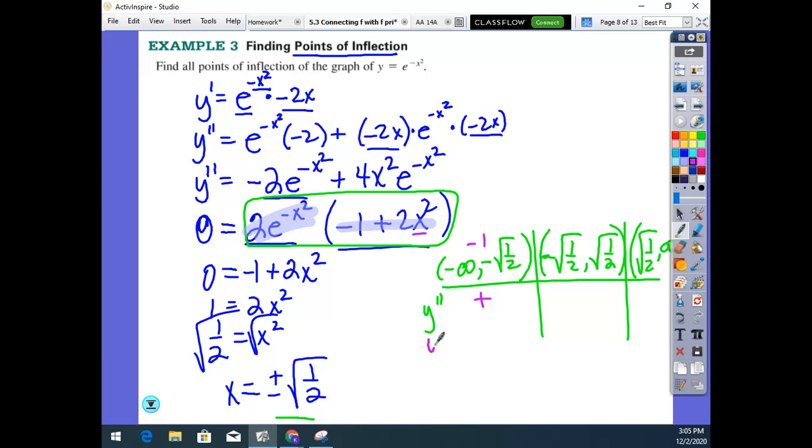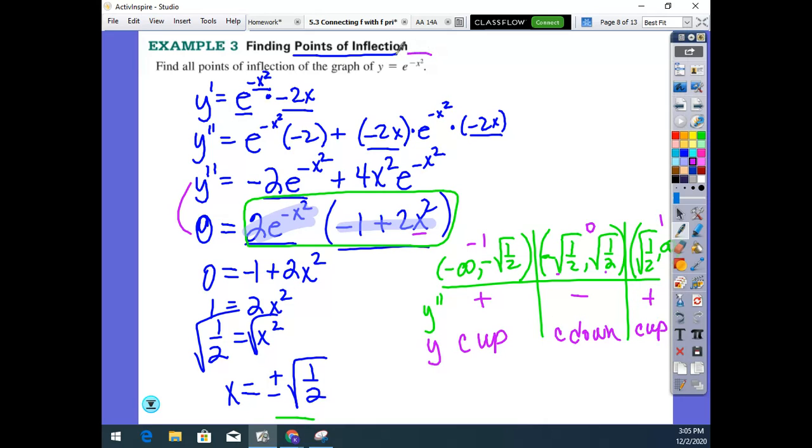That's positive, which tells us that y is concave up. We need this because I have to show that the second derivative equals 0 and that it changes sign. Both have to be true. 0 is always what I pick between a negative and positive number. If I plug 0 in, that's negative, so it's concave down. And then +1 is going to be positive, and so that's concave up.